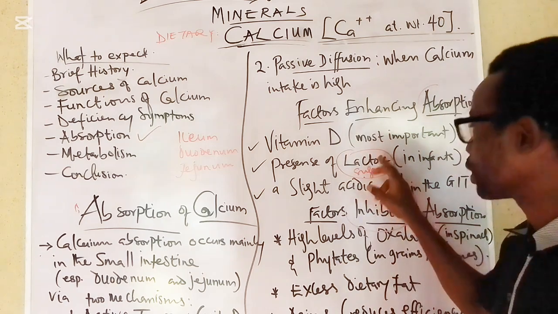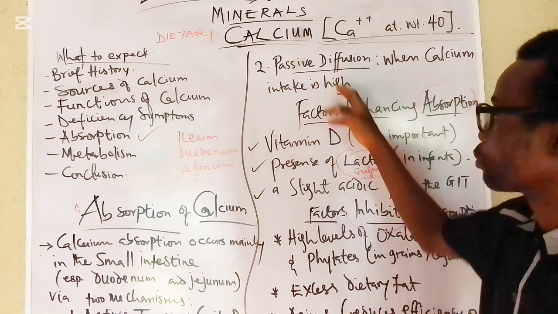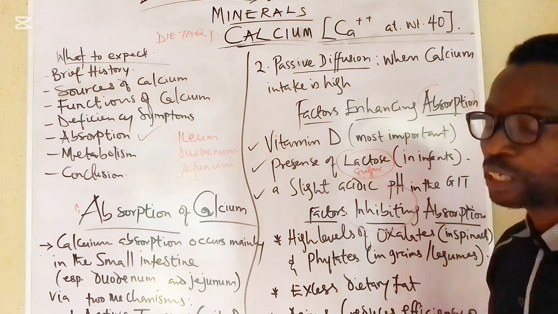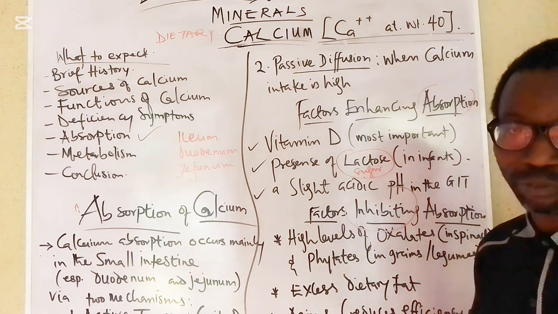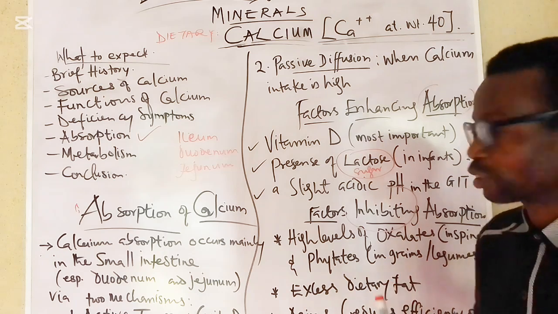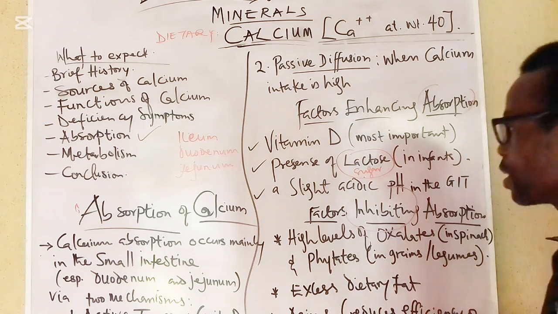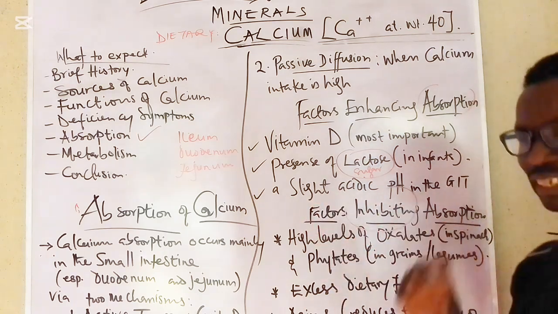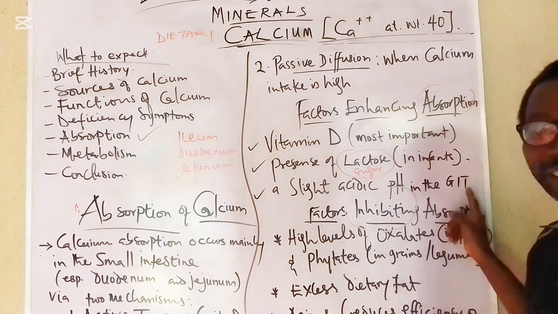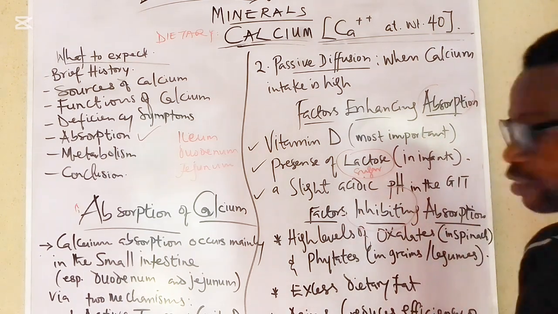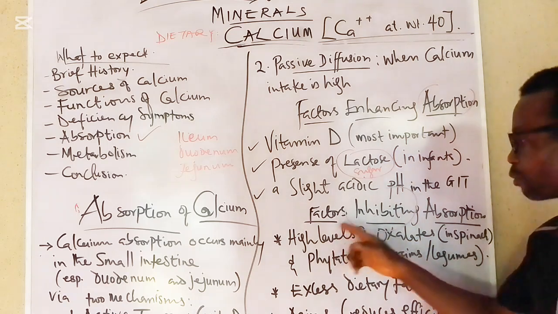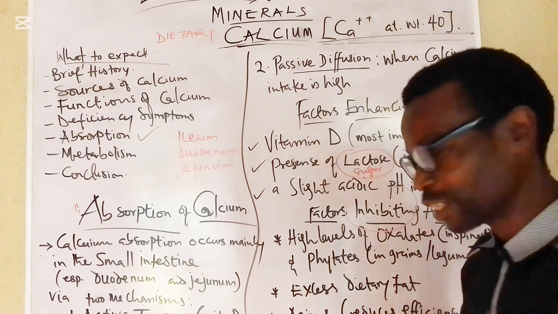The presence of this sugar, lactose, helps the absorption of calcium, which is important for healthy bone and teeth, and encourages growth. And then a slightly acidic medium in the gastrointestinal tract, that is the GIT or the gut.